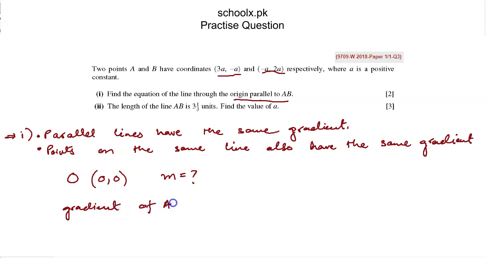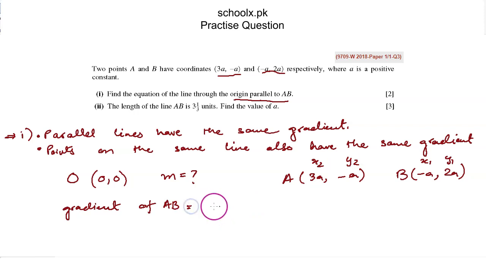Gradient of AB. A is (3a, -a), B is (-a, 2a). Let's take this as x1, y1 and this as x2, y2. So we get y2 minus y1, 2a minus negative a, over x2 minus x1, negative a minus 3a.